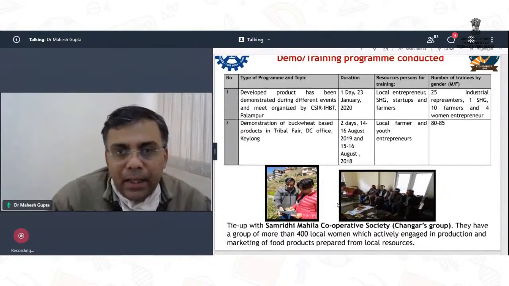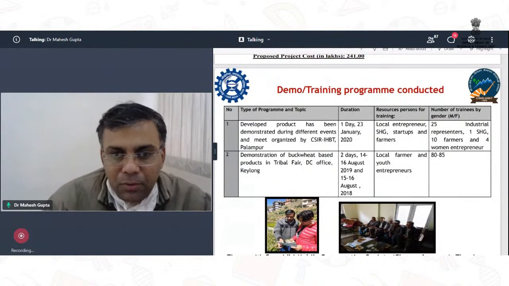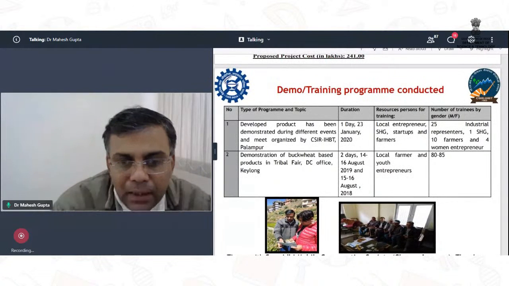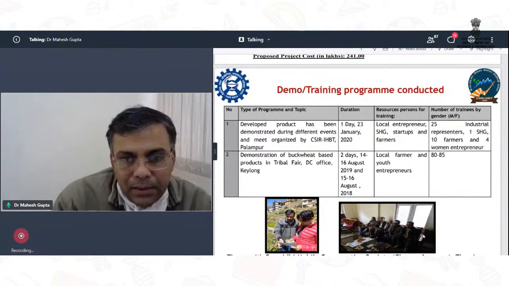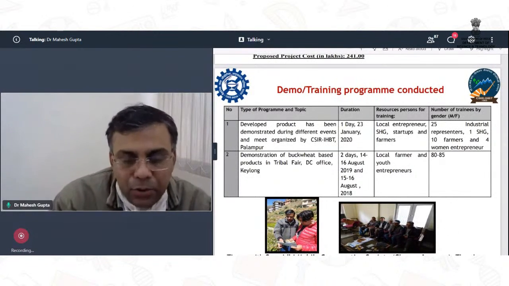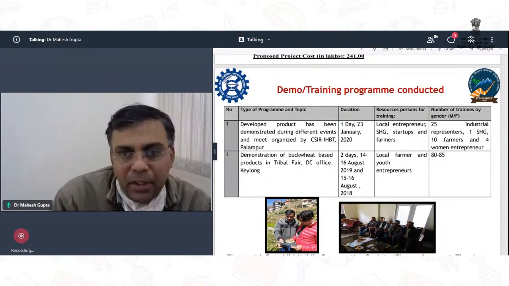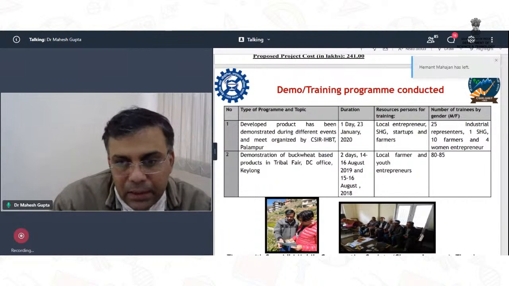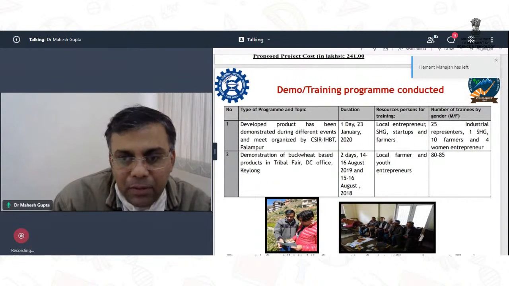This is a training and demonstration program we conducted last year and this year, by which the cluster has been developed, and the cluster is now active in that area. We also conduct demonstration training programs from time to time for local farmers and the community, so that they can assess the technology and go ahead with the process and products we have developed.